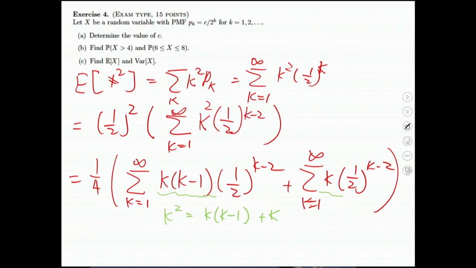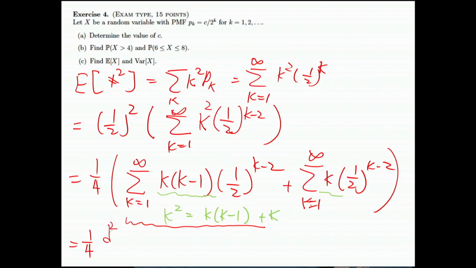Because this summation is from homework 1.